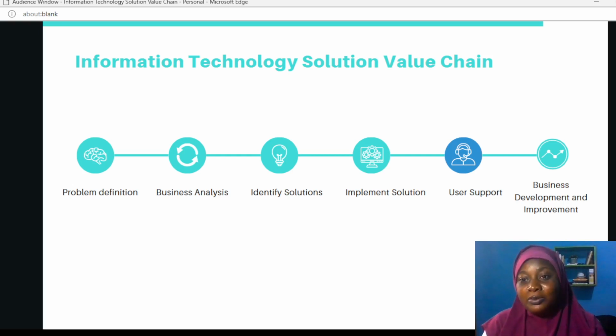If it's a software product, there is need for people in marketing, people in finance, and various teams to come together to ensure that the solution is viable in terms of bringing in profit, in terms of helping the organization get its word into the market, and several other things.